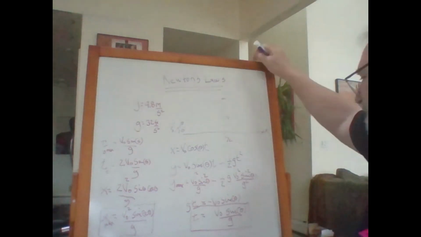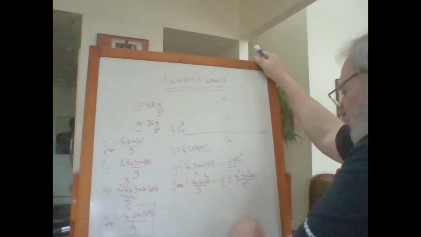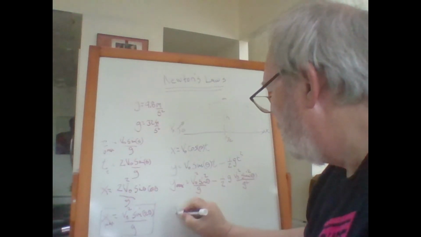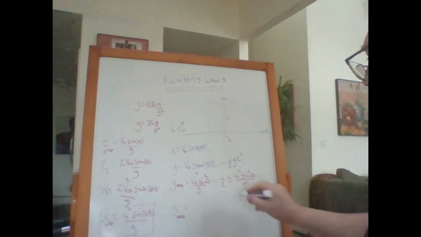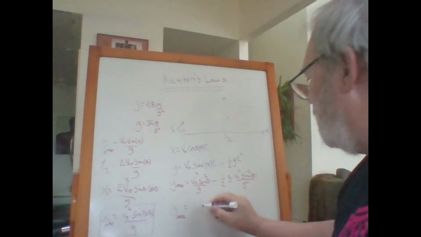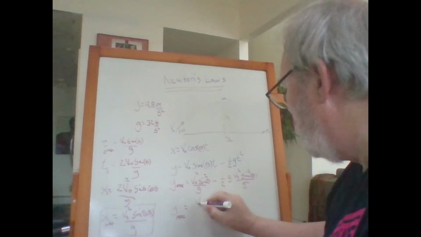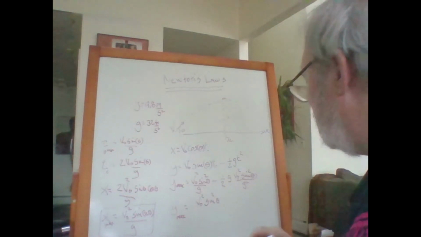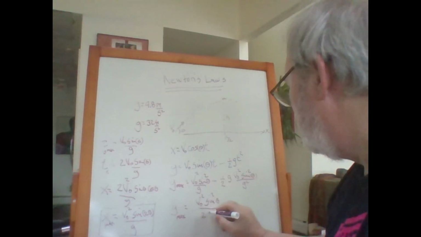Now, this can be further simplified. So y max is going to be, now that cancels there, we're going to have v naught squared sine squared theta on 2g.